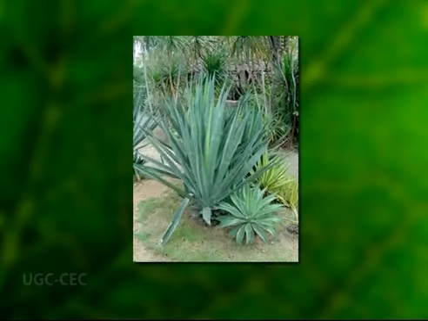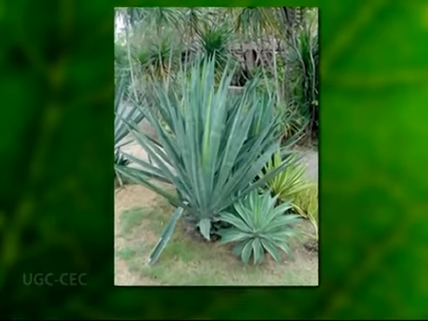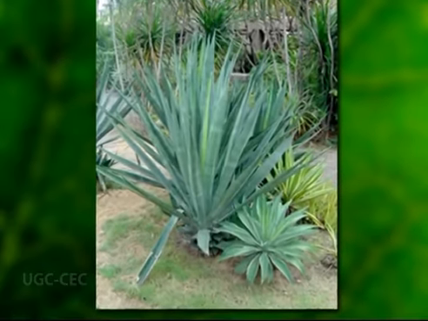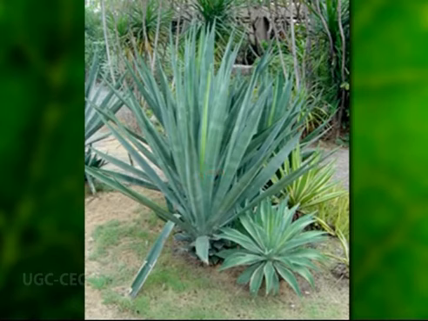The cuticle is a fatty layer and is in some cases thinner on the lower epidermis than on the upper epidermis, and is generally thicker on leaves from dry climates as compared with those from wet climates.